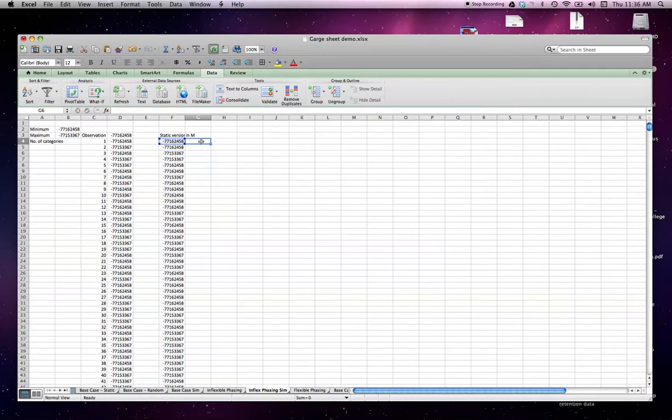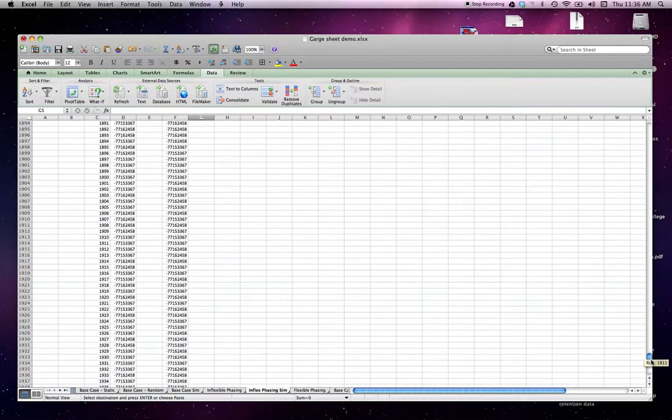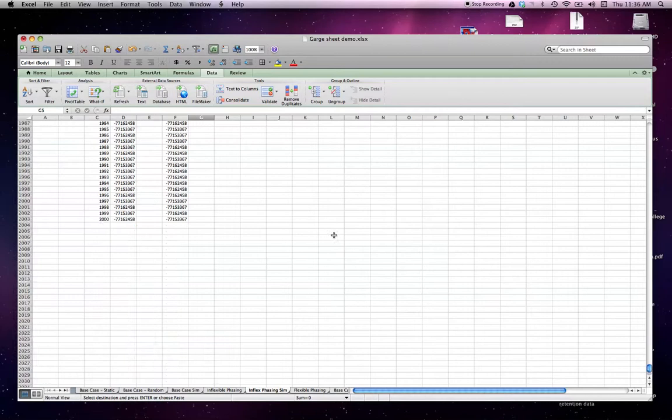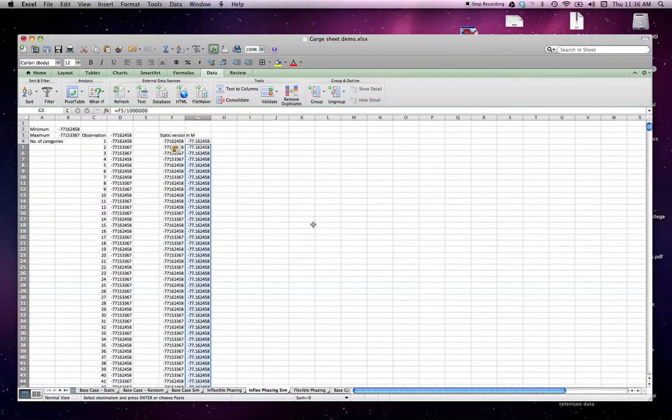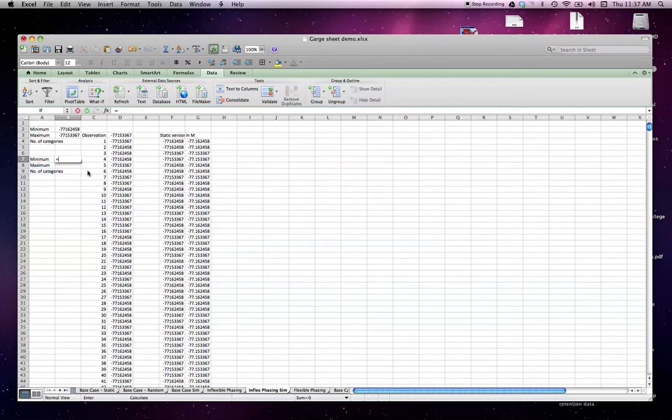Let's go. I'm going to try to go quickly. This is somewhat slow because there's 2,000 observations here. All right, so there we go. So now I can do the same. I can get the same min-max thing going on here for this in millions. So I'm going to do this one.